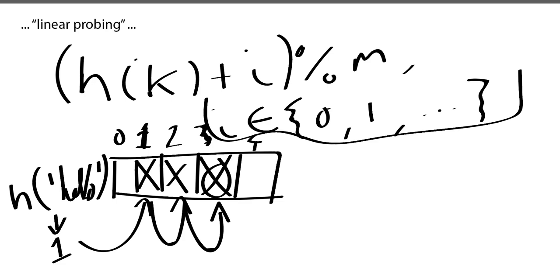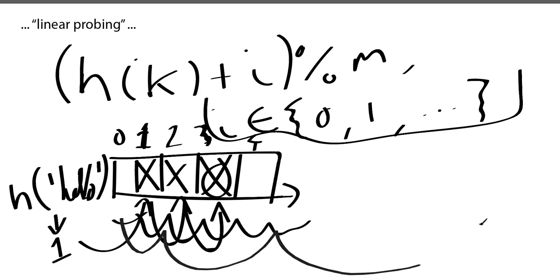So this is the idea behind linear probing. We go linearly, so one by one. So first we go here, then we go here, here, here, and so on, like that. We go linearly as opposed to jumping quadratically or cubically or something. We don't make big jumps, but rather we make linear jumps.